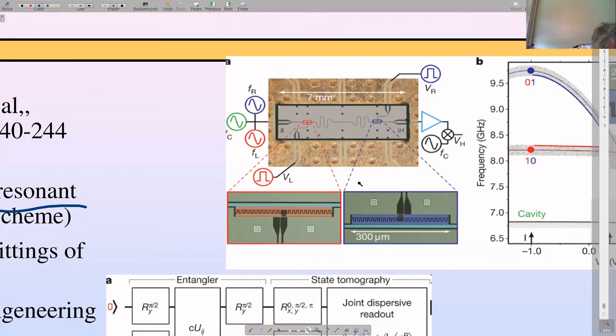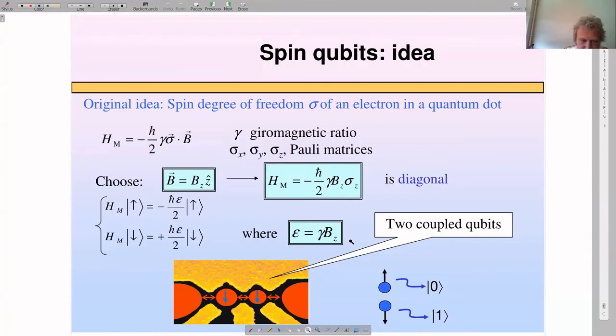Good. Still have time to talk about spin qubits. Right. What was the idea? The idea was, how to say, rather retarded. I shouldn't say that, it's not very polite. But in fact, it was like getting back to basics.